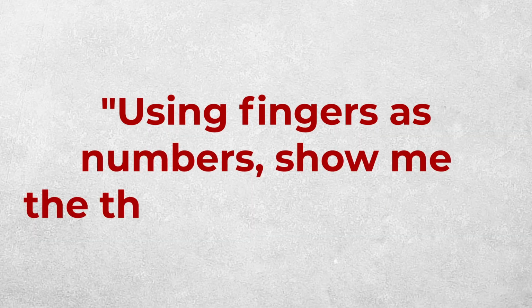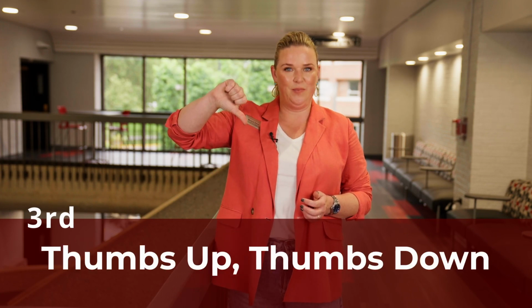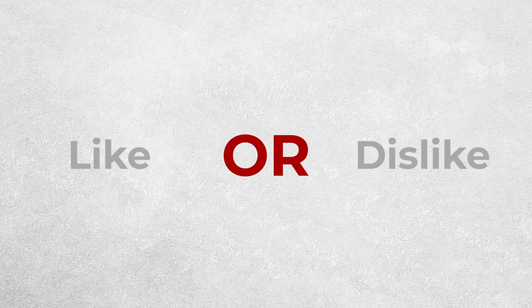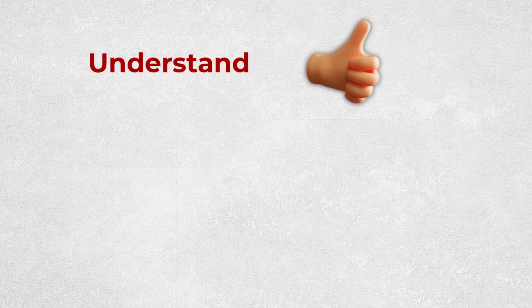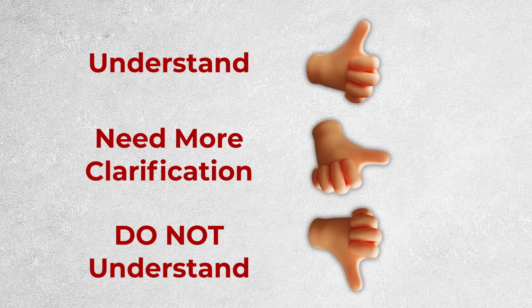Or, using fingers as numbers, show me the 3rd prime number. The final type of hand signal is called thumbs up, thumbs down. This hand signal works best used when asking students if they agree or disagree, like or dislike, or understand, need more clarification, or do not understand a learning concept.